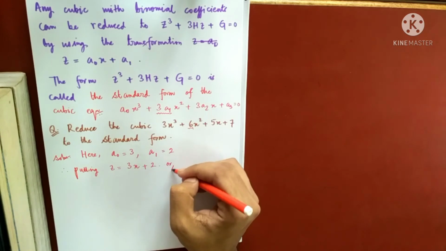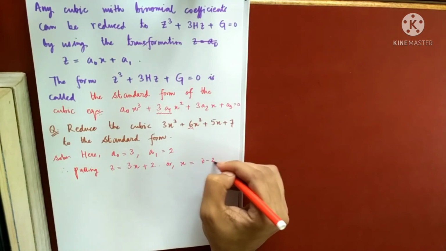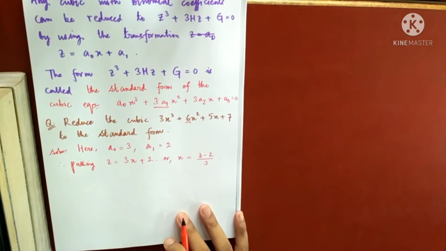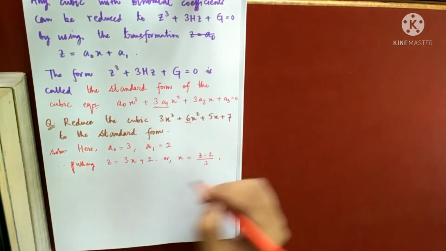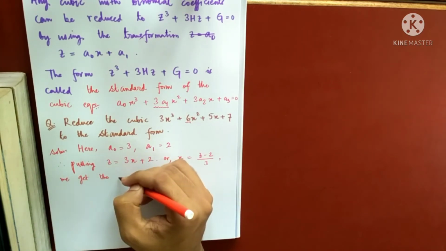So x equals, from here, x is what? z minus 2 over 3. x equals z minus 2 over 3. Okay. So putting this, we get the standard form.